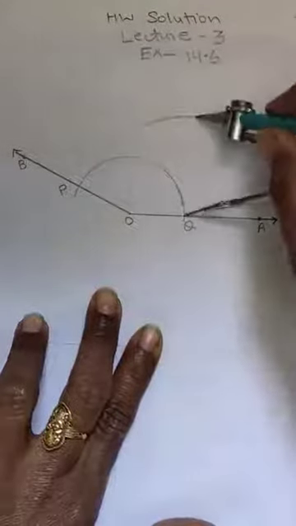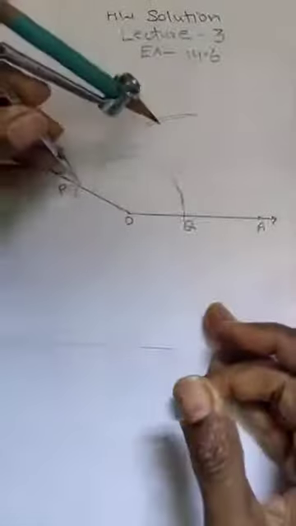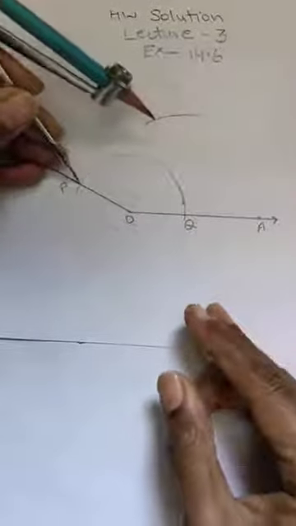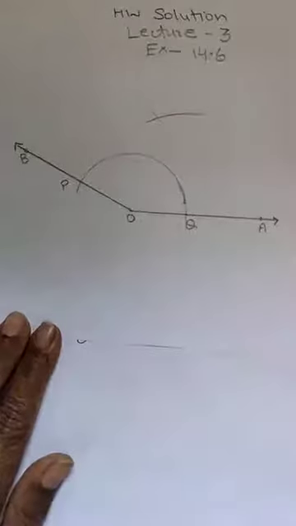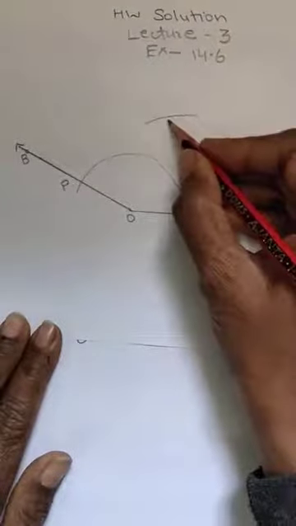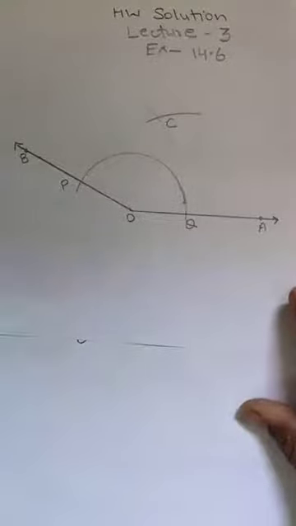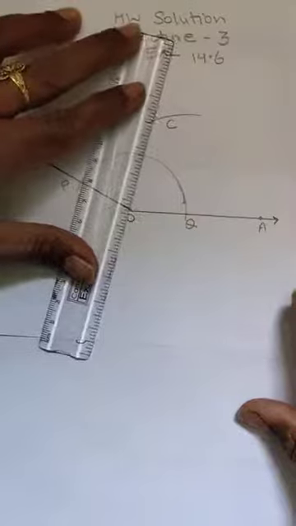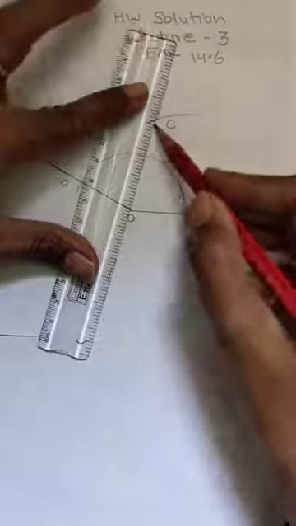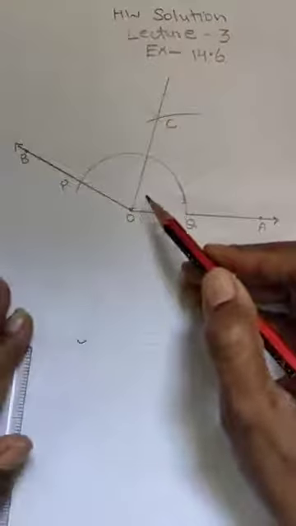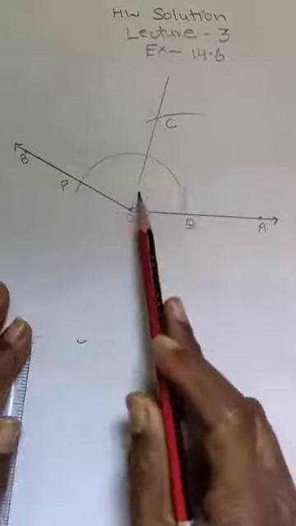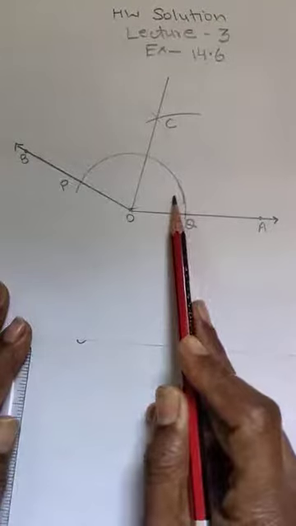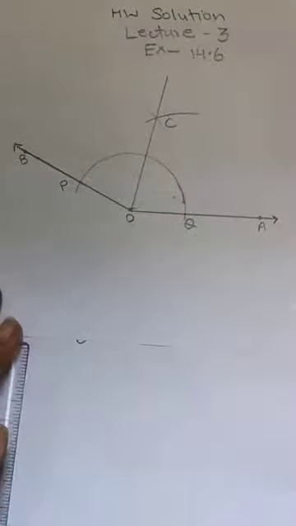Draw one arc from Q and one arc from P, which cut the previous arc at C. Join OC. This is the angle bisector. We have divided the angle 153 degree into 2 parts. But in this question, we have to divide it into 4 parts.